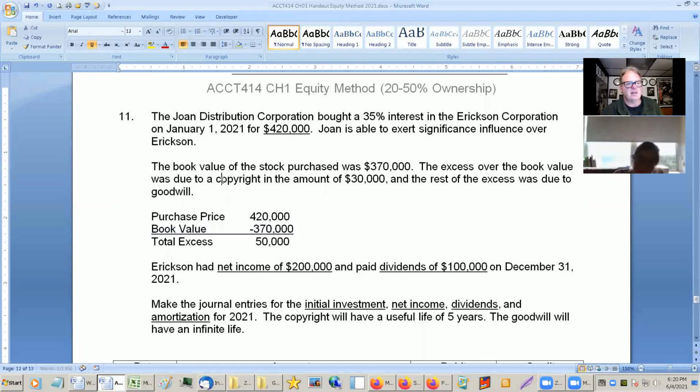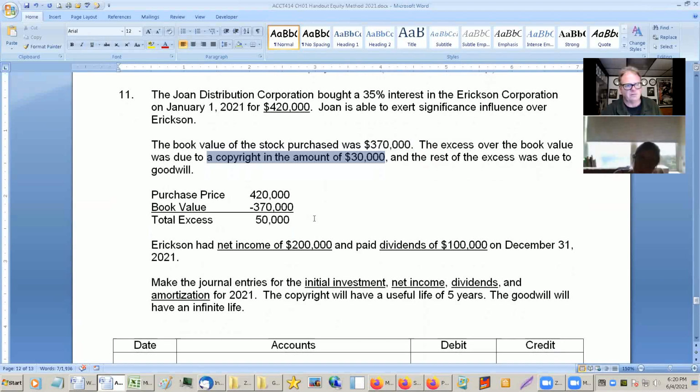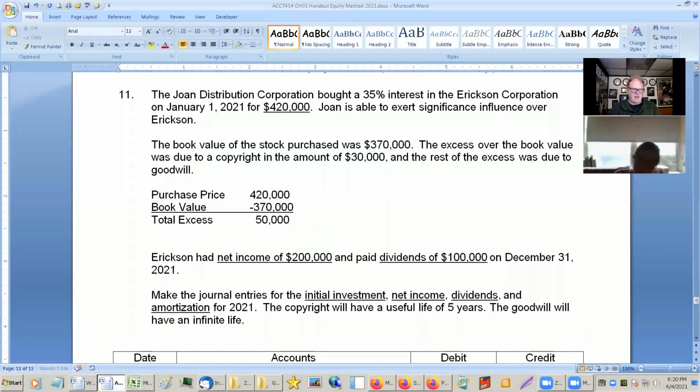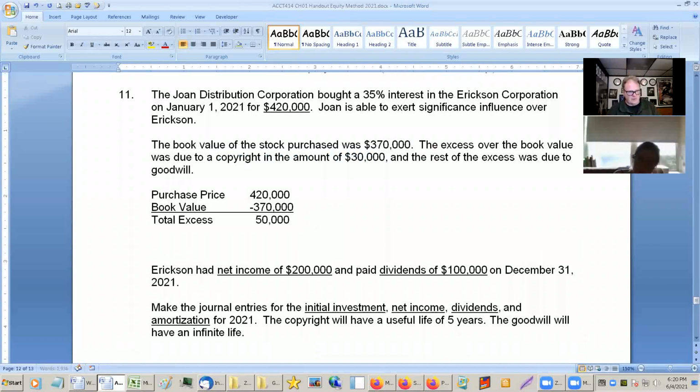Now, of that 50,000, a copyright is for 30,000. They have a way of describing these. I'm not positive how they do it, but generally they'll talk about identified assets.